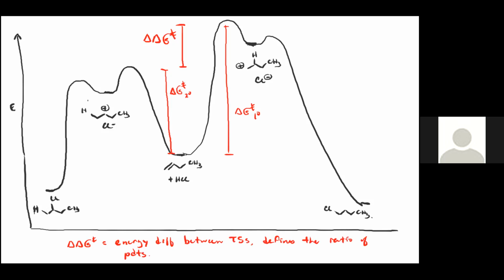Okay, and so in essence, just a couple kcals of energy difference, delta delta G bigger than 2 or 3, you have a sort of a 10-fold, 10-to-1 ratio of products, all right?